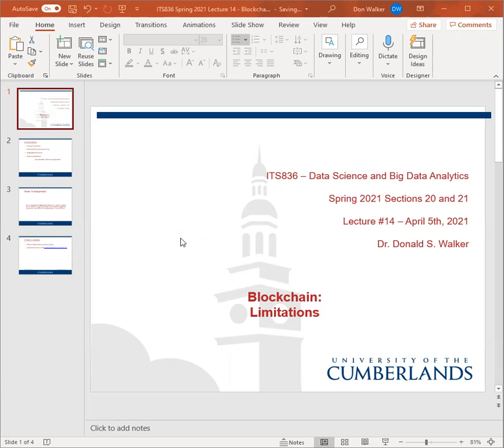So this week's topic, I just want you all to get thinking about blockchain limitations. I read all of your points before about whether you think it's a fad or it's a substantive technology. Time will tell.